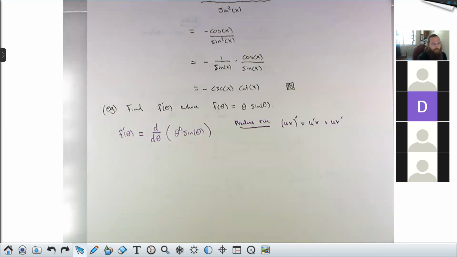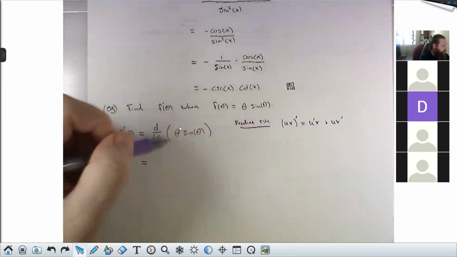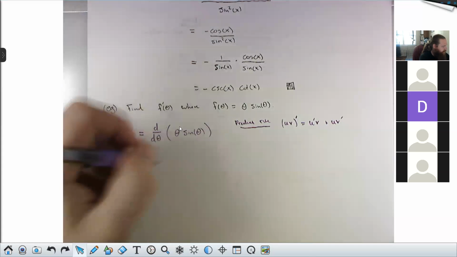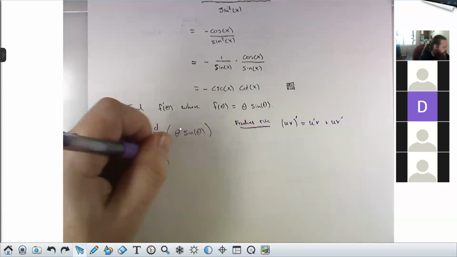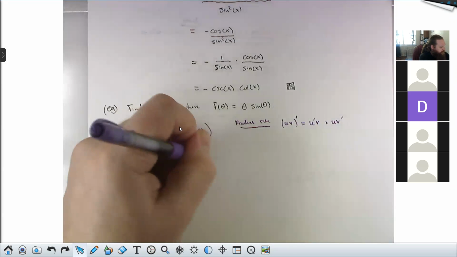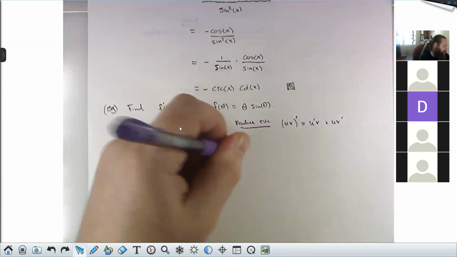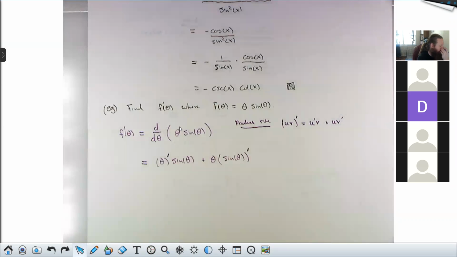So we haven't quite gotten to that, but there's several problems with the trig functions in there. So here, I will differentiate the theta, leave sine theta alone. I'll write it in the prime notations. This is theta primed times sine of theta plus theta times sine of theta prime.